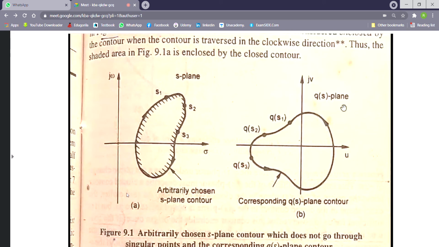But if the contour is like this, then it's obvious that this QS plane contour is not enclosing the origin of the QS plane.